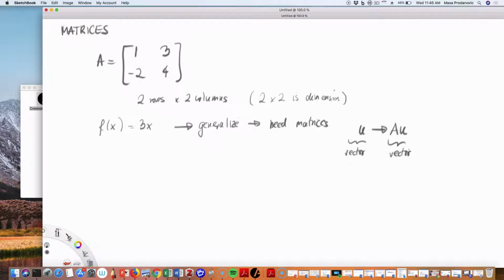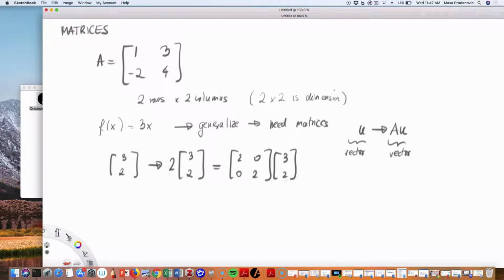So if I want to map a vector to another vector, the simplest way to do it is to use a matrix of coefficients. So if I wanted to stretch a vector, for instance, my vector is 3, 2, and I had 2u, right? This is actually the same as the matrix 2, 0, 0, 2 times 3, 2.